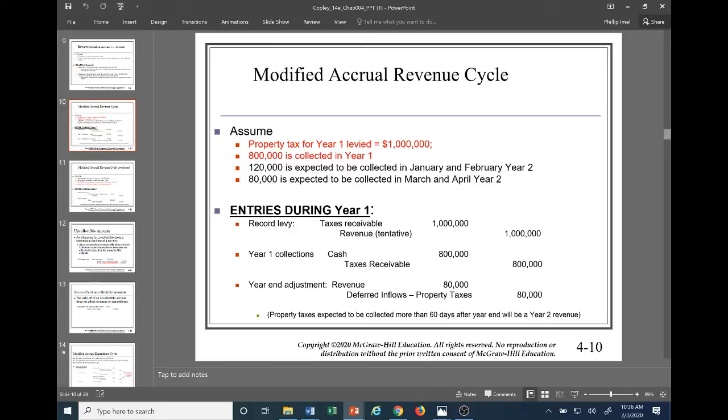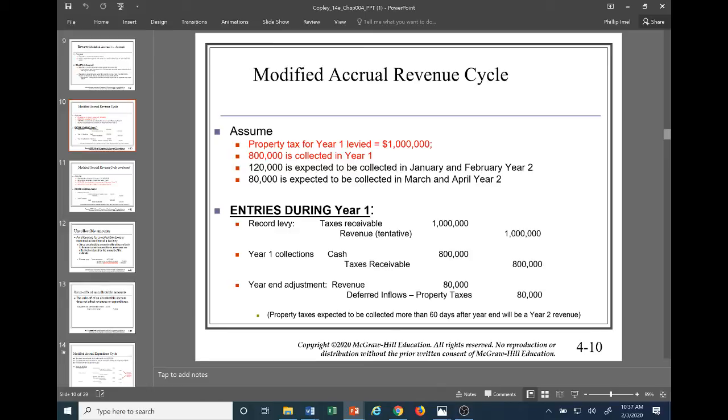So we want to debit revenue, because revenue is originally a credit, and if we debit it, it's going to reduce it. $80,000 is not going to be revenue, it's deferred. So we're debiting revenue, which reduces it by $80,000, and then crediting deferred inflows of property taxes for $80,000, because, remember, deferred inflows is with the liabilities on the credit side.